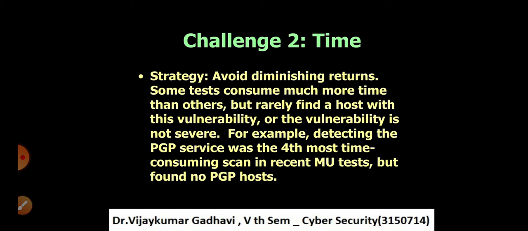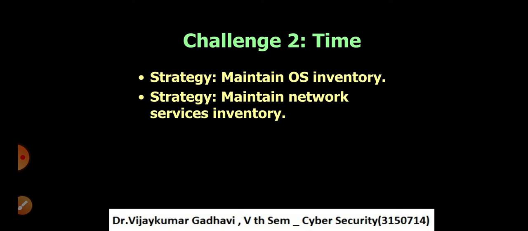For example, detecting the PGP service was the fourth most time-consuming scan in the test but found no PGP host. Then maintain an OS inventory and a network service inventory. You can monitor all processes and usage of the operating system and your network maintenance.